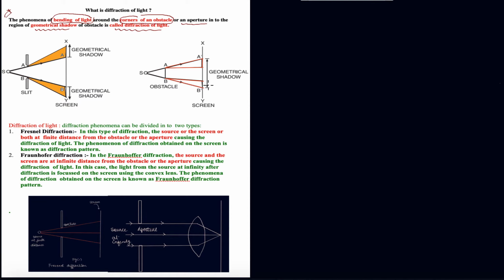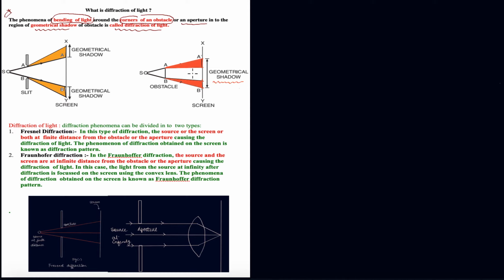You can see the presence of light in this region. Okay, I would like to color this now. So this is the region of geometrical shadow. It is all because of the diffraction of light, you have to understand, right? So as it's marked over here, this is the region of geometrical shadow.